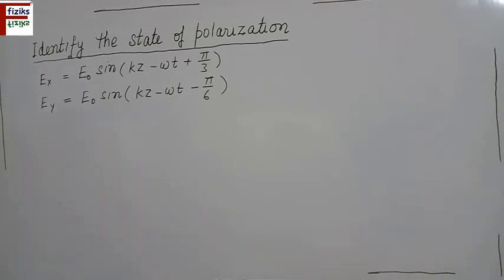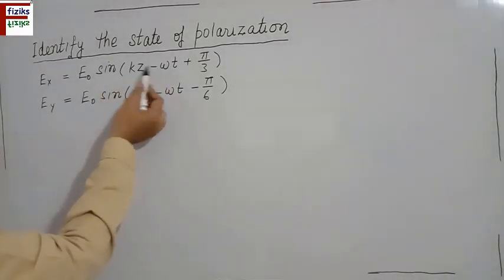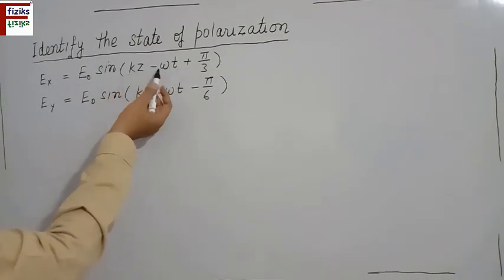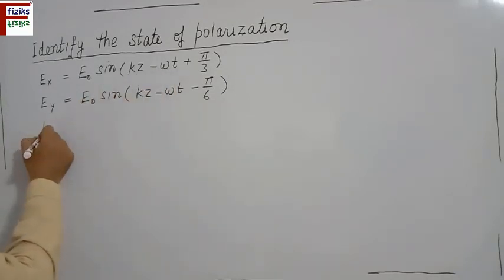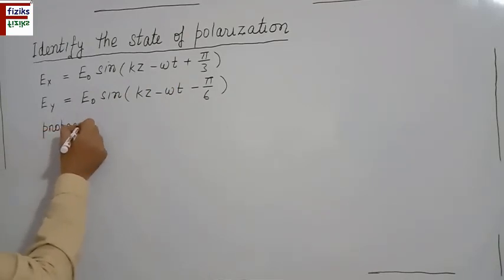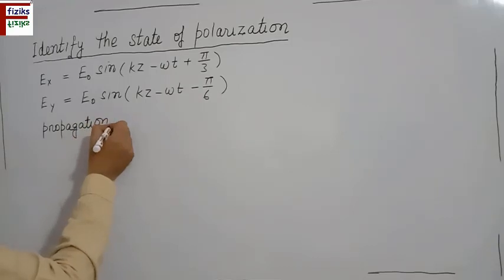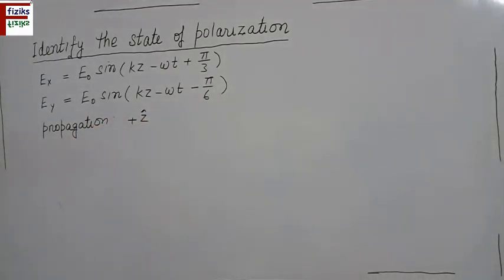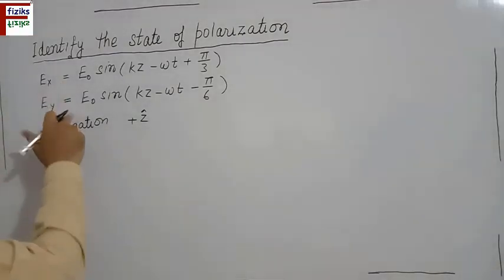First, we observe the signs of omega t and kz. We have two terms, one is omega t, another is kz, and their signs are opposite. So the propagation direction is plus z cap direction. So light is propagating in the plus z cap direction. Next, their amplitudes are equal.